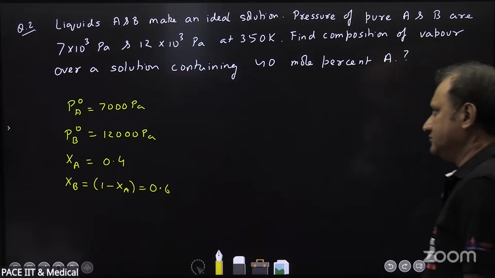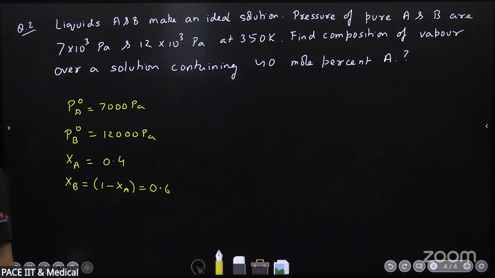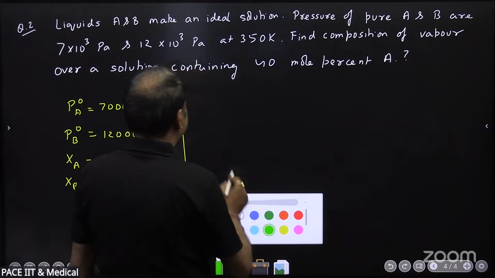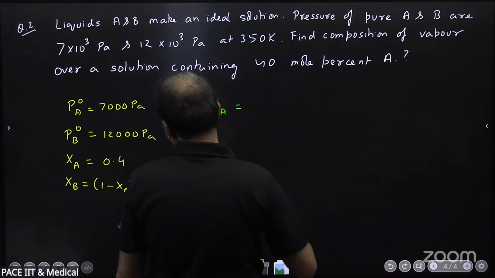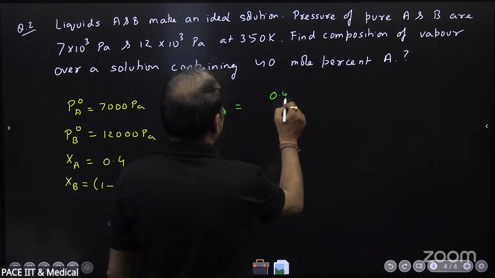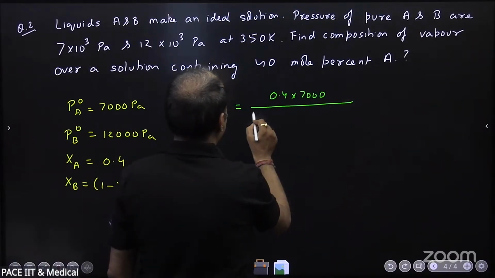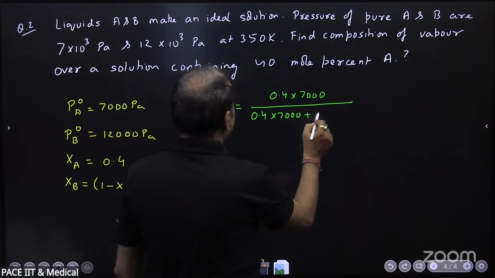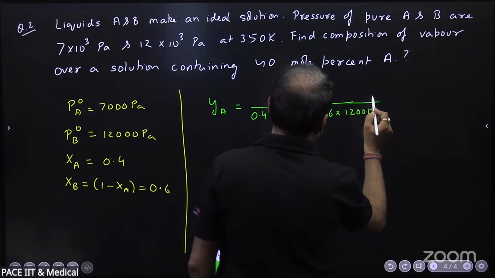So now we have to find composition of vapor. We have to find nothing but YA and YB. So YA will become XA PA naught, 0.4 into 7,000 by 0.4 into 7,000 plus 0.6 into 12,000. Correct?